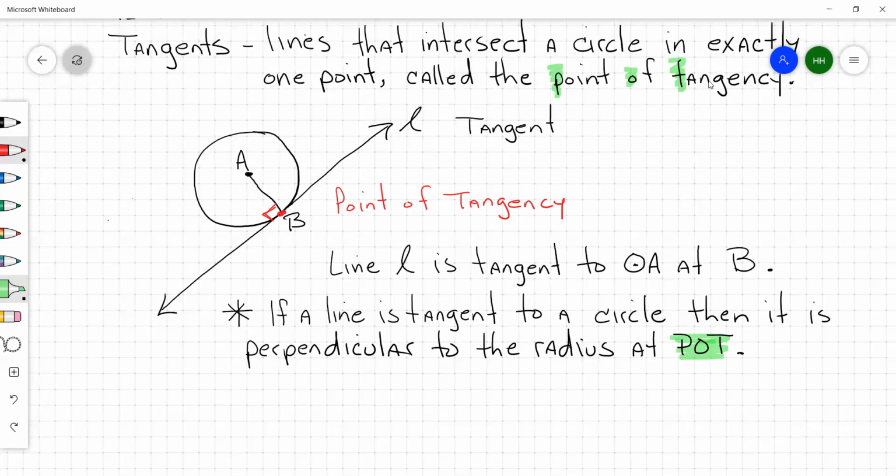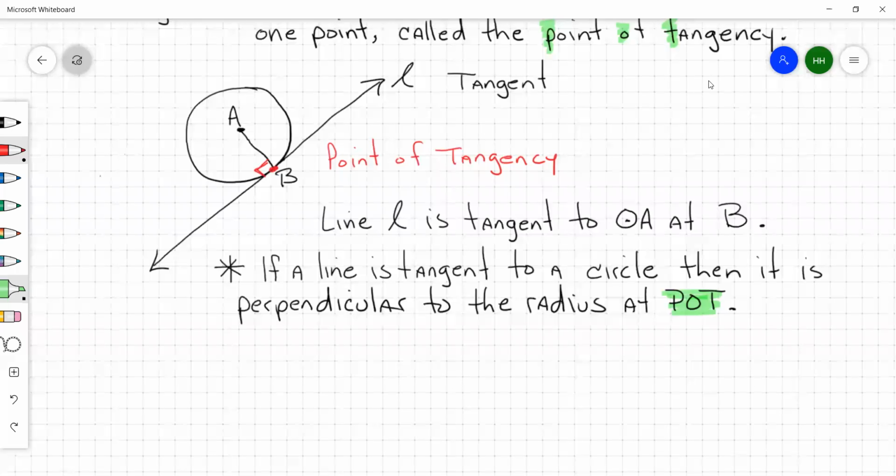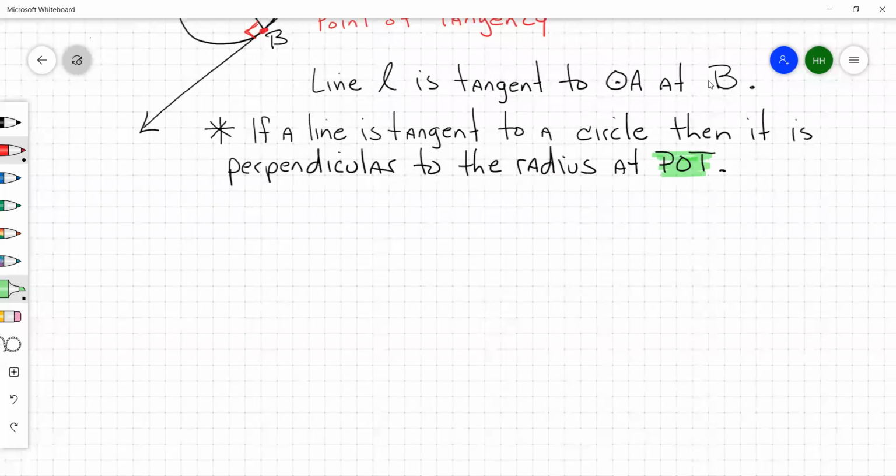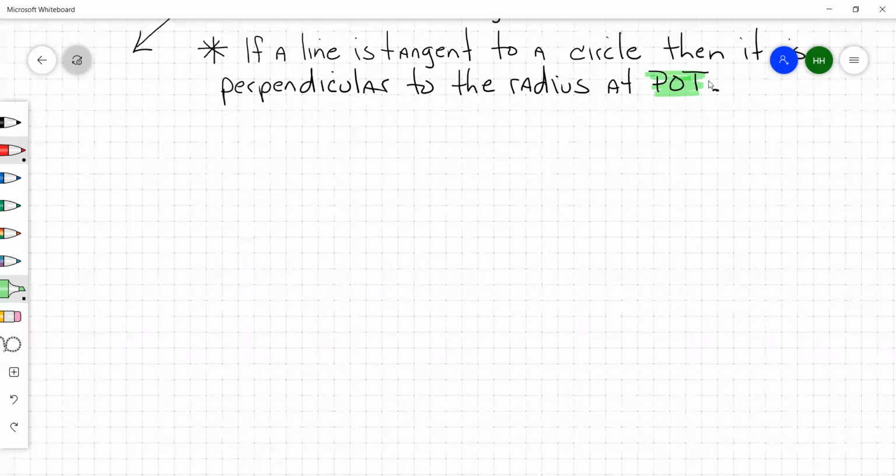So now when you start seeing perpendicular and you start seeing 90-degree angles, start thinking about the Pythagorean theorem, because that's what this moves into. So here we go. This is a good question.